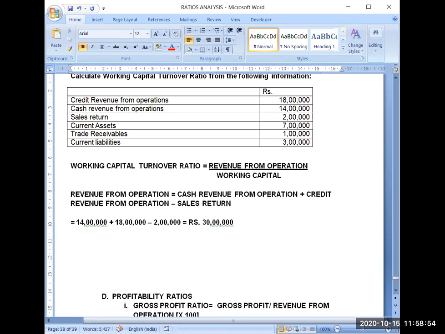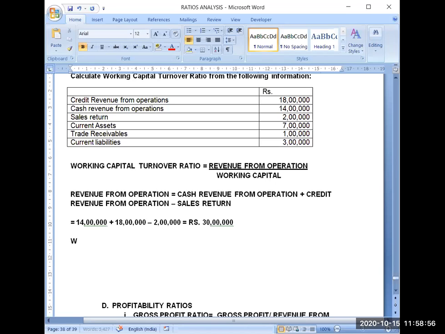Now we will calculate working capital. Working capital is equal to current assets minus current liabilities. One more thing you can do in exams, you always get some paper reading time. Whenever you read your paper, just observe the formula or ratio which has been asked.